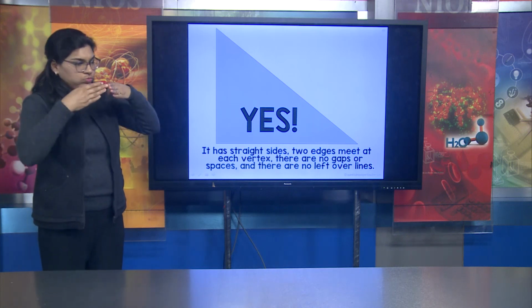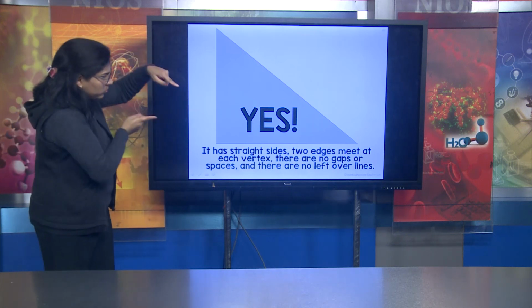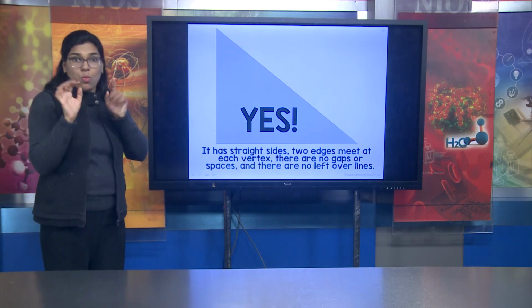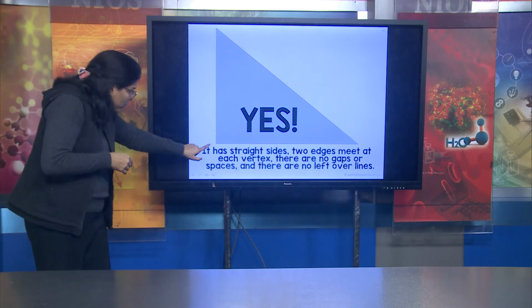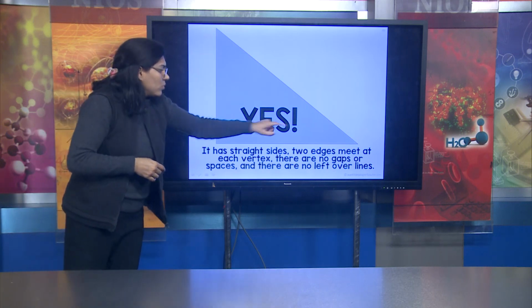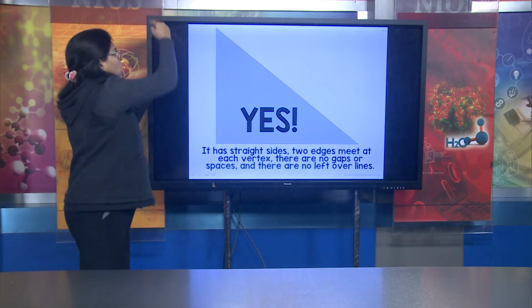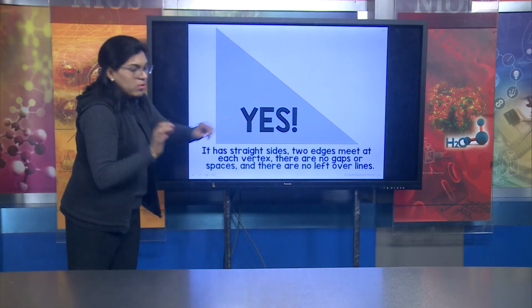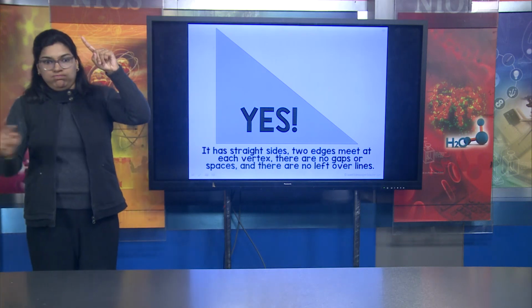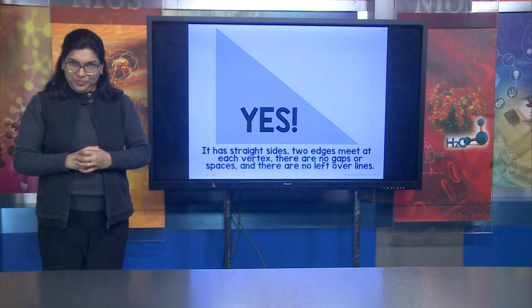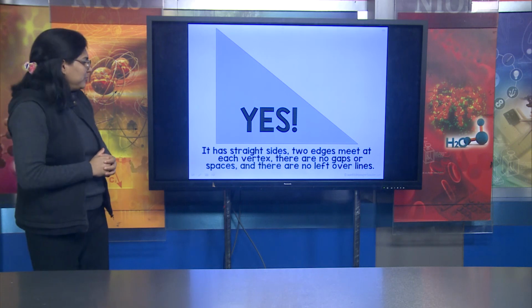And the two edges meet at each vertex, and also there are no gaps or spaces, and there are no leftover lines. You can see it's a perfect image of a polygon. So the answer is yes. Let us move further.